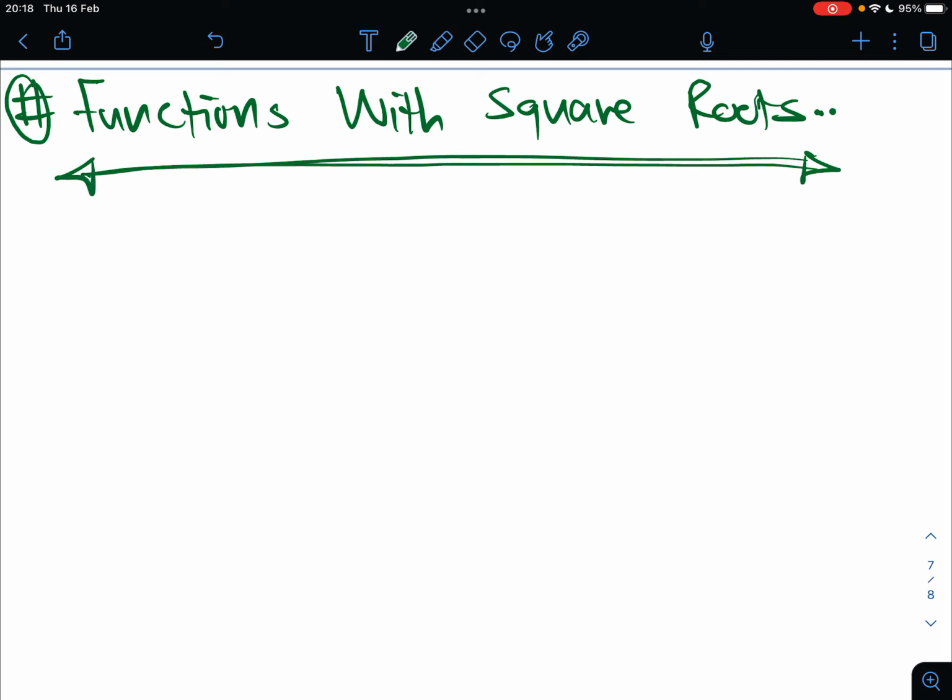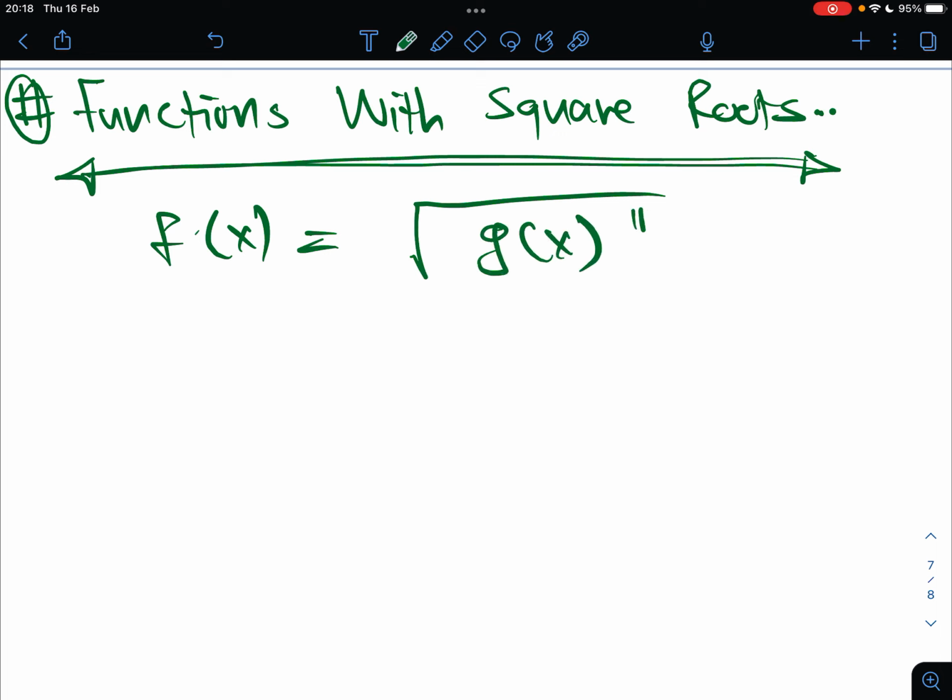You see that? A function with a square root is a function of the form f of x equals the square root of some function g of x, like that. This is one of the things that you should know.